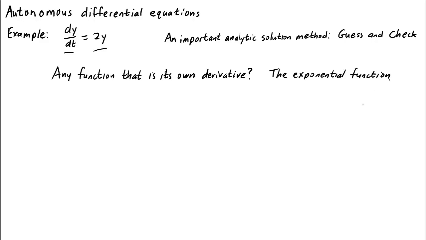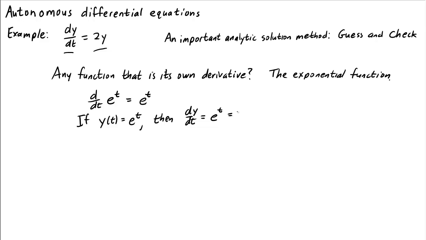The exponential function fits the bill. Remember that d dt of e to the t, the derivative of the exponential function, is the function itself. So, if y of t equals e to the t, then dy dt is just e to the t, or y of t itself.